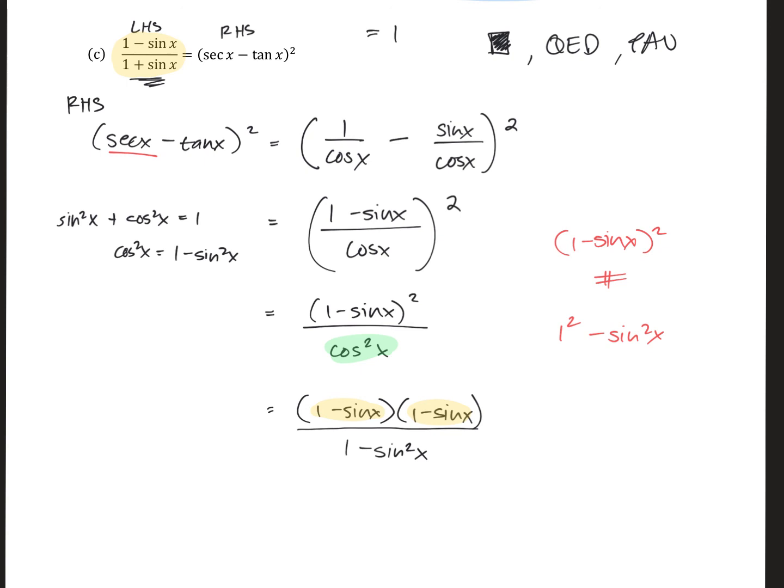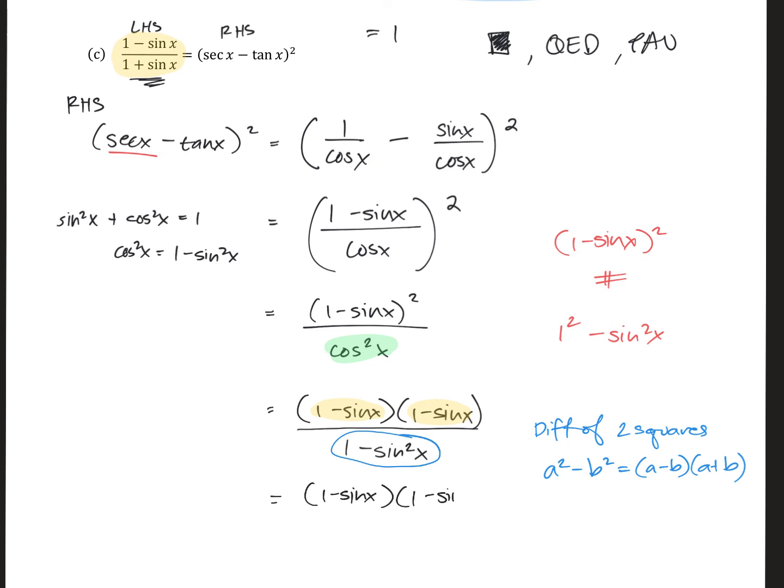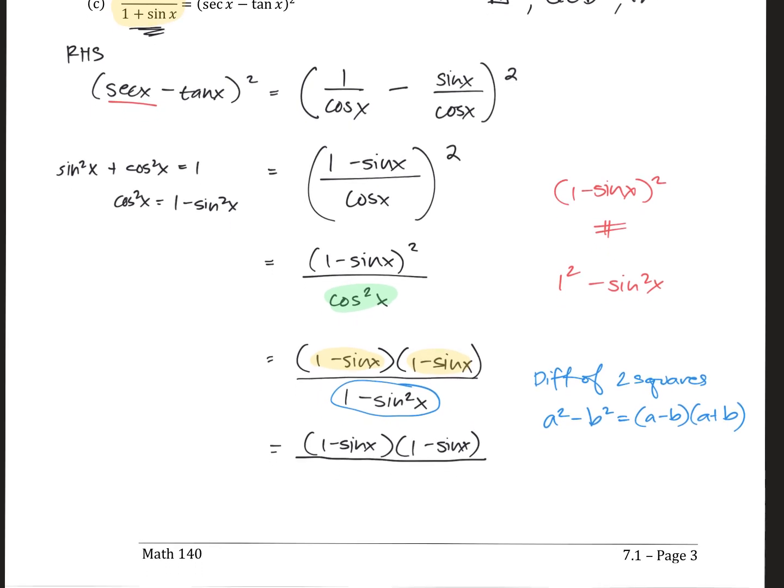And there is. If you'll notice, this right here is something called the difference of two squares. If you have a binomial a squared minus b squared you can factor it into a minus b times a plus b. So let's go ahead and do that. 1 minus sine x times 1 minus sine x, and then factoring the bottom, which once again, that is one of the algebra skills.